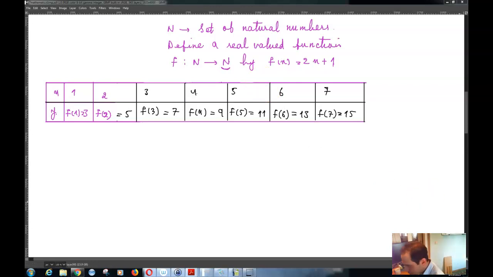Now the next part that we have here is some functions and their graphs, which I don't think we need to talk about here.